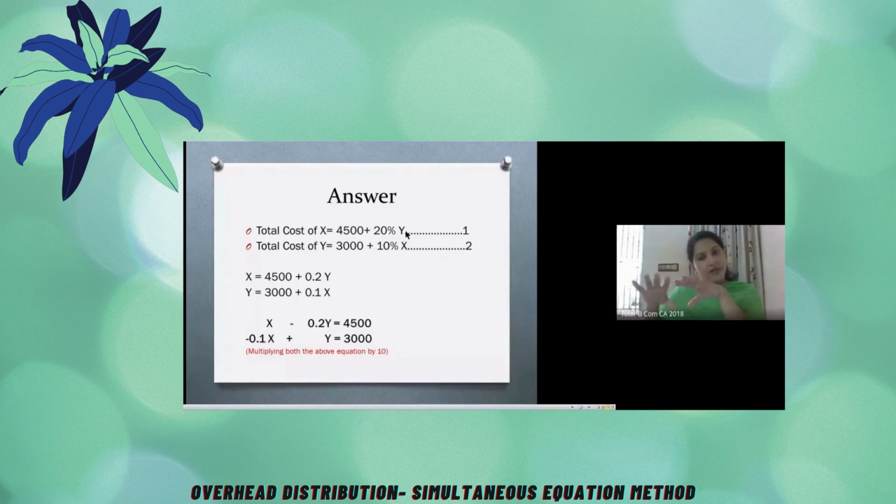Here we assume it is shared with the service department also, but we are trying to solve that using an equation. So 4,500 is X's own expense, plus Y's expense is also shared with department X while sharing with all the departments.